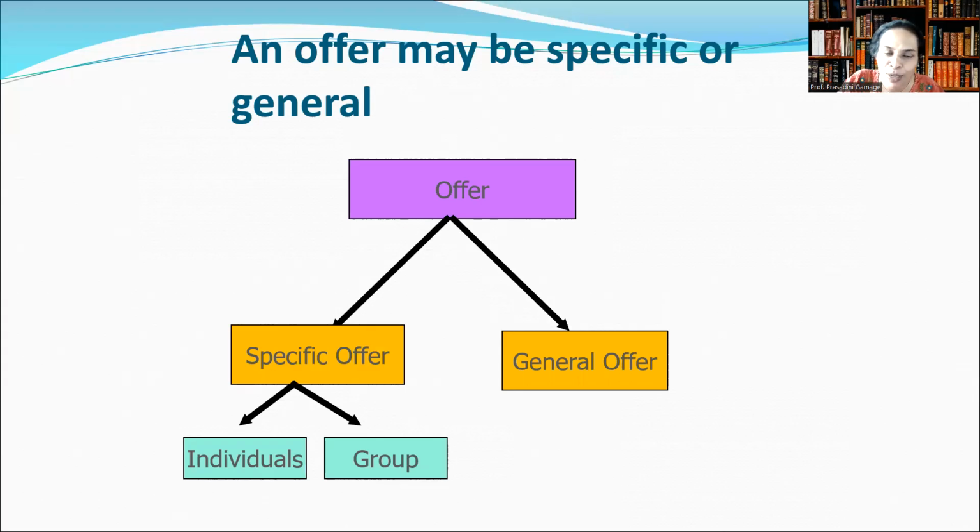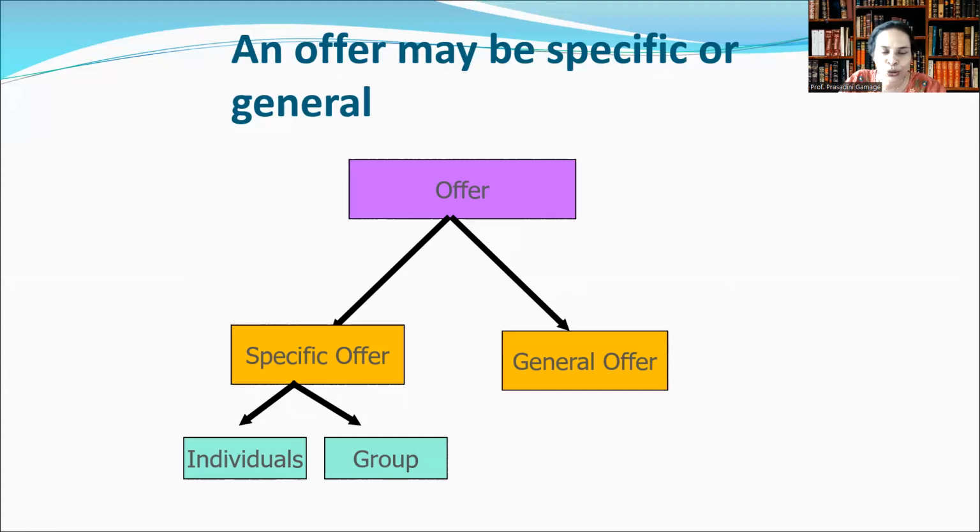But sometimes you can make an offer to a group of persons. I ask the BCom first year students whether they are interested to buy my cup for 1,000 rupees. It's an offer made to a particular group of students. Then anyone in this group who is interested to purchase it, he or she can purchase it.